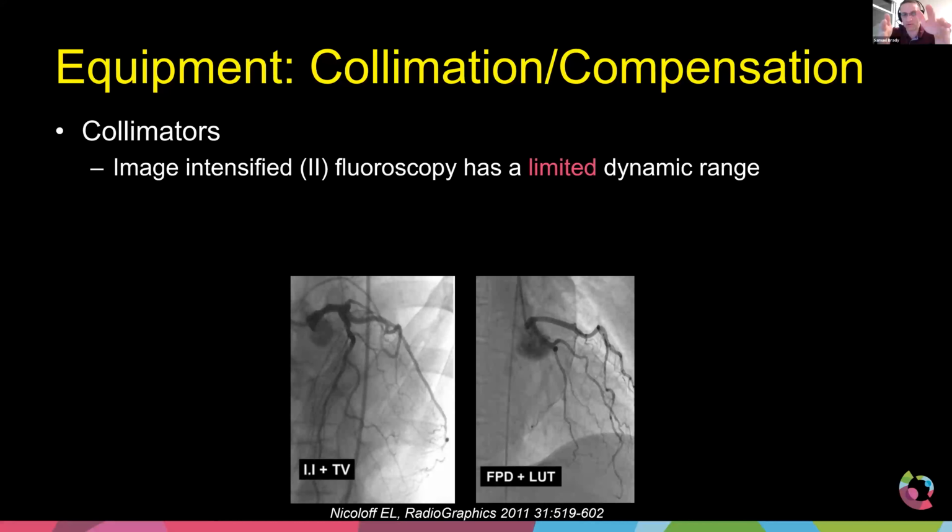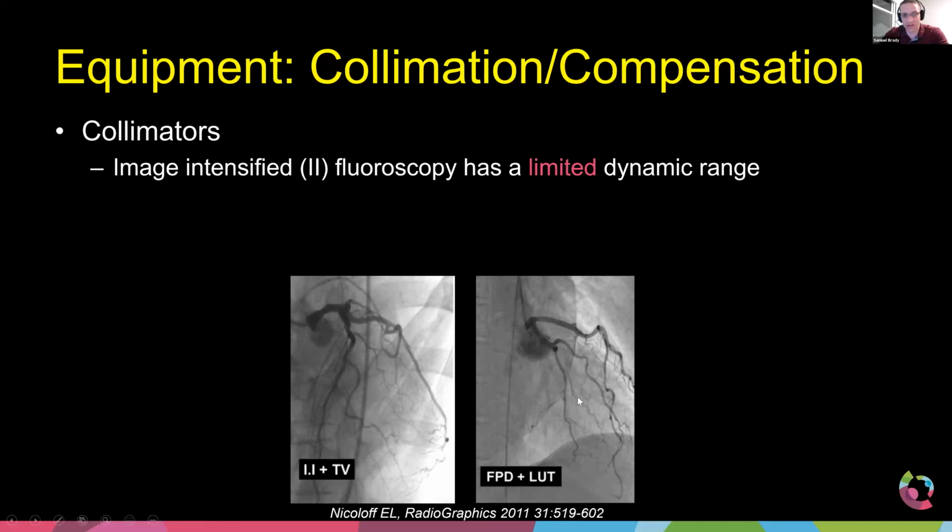So for example, II systems have a limited dynamic range. What does that mean? The amount of grayscale from black to white is limited or truncated in an II system. And that is why if you image, for example, through the lungs, or maybe at the edge of the body where we have an obliquity, where our bodies kind of roll off, you can get these really strong white areas, especially if it's off the body, so there is air where there's nothing between the detector and the X-ray tube.